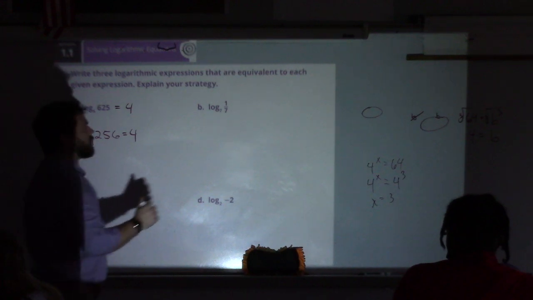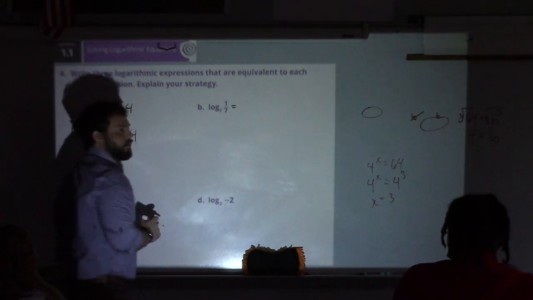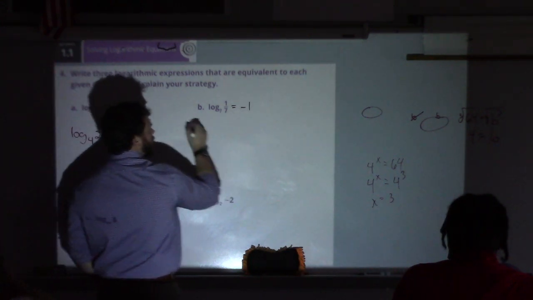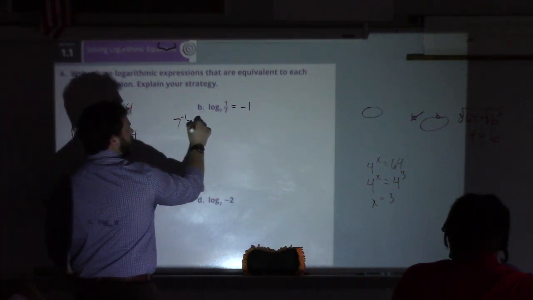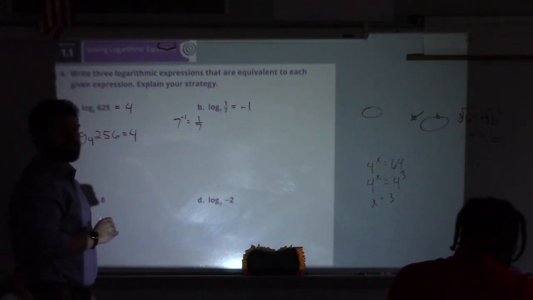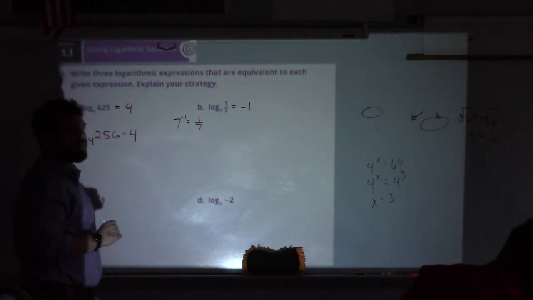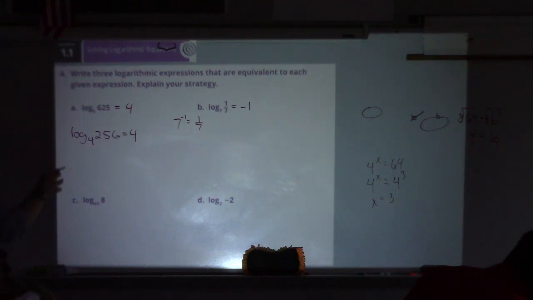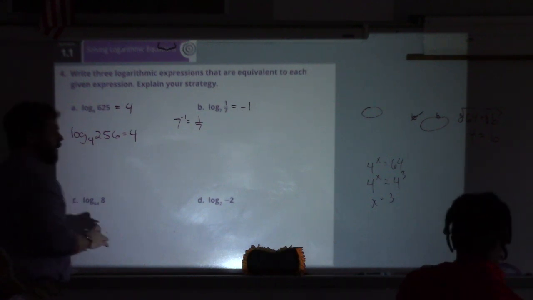Negative what? Negative 1? Does 7 to the negative 1 equal 1/7, or 1 divided by 1/7? Yeah. So we need to think through the fact that we're trying to get exponents here, and that's an important part of this.